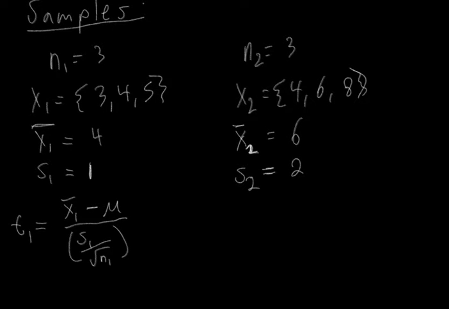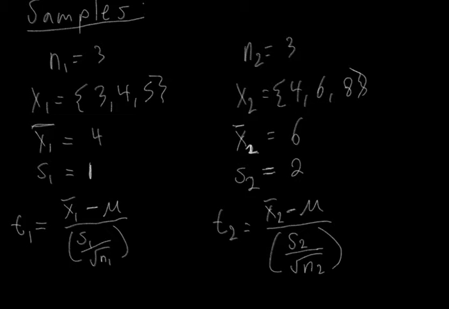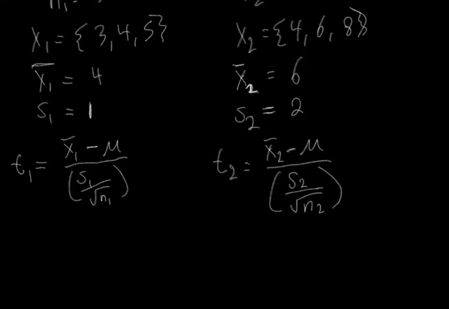Okay, and then we're going to compute the same thing for the second sample, so t2 is equal to the mean of the second sample, subtract the population mean, all divided by the standard deviation of the sample, divided by the square root of n2. And so we're going to go ahead and compute these values.